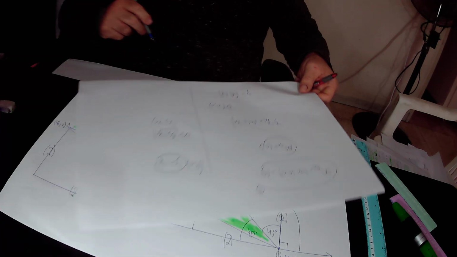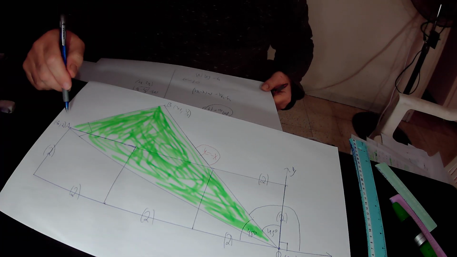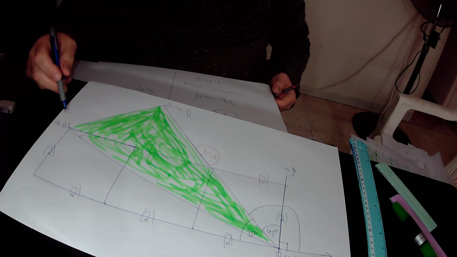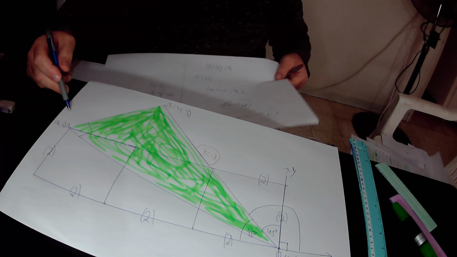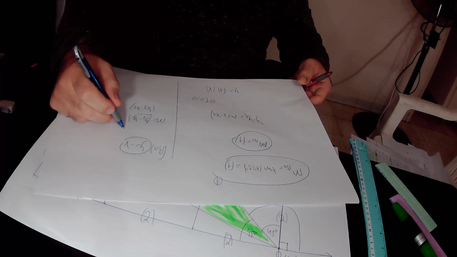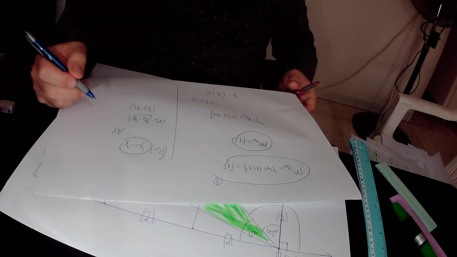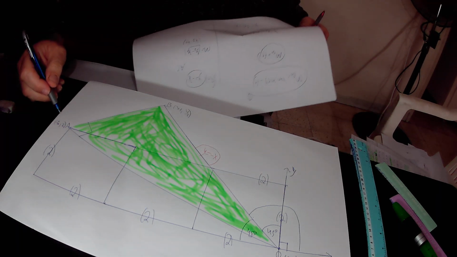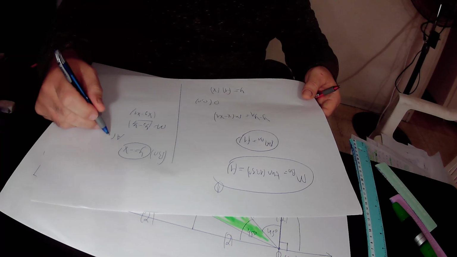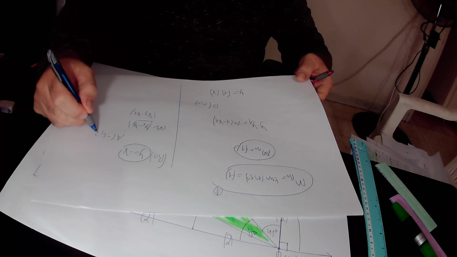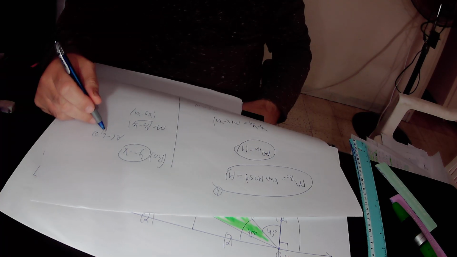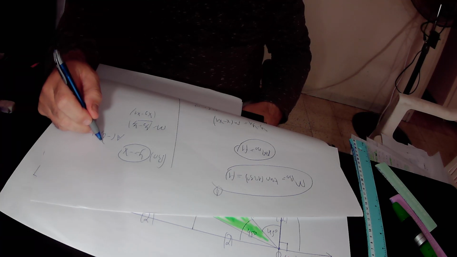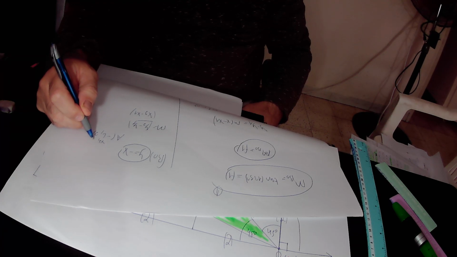We use this formula in order to find the slope of the straight line AO. This is point A, and the coordinates of point A are minus 6 and 2. We define minus 6 as x2 and 2 as y2.